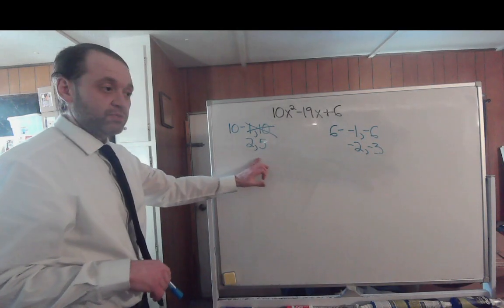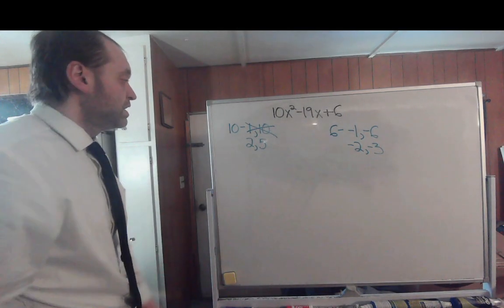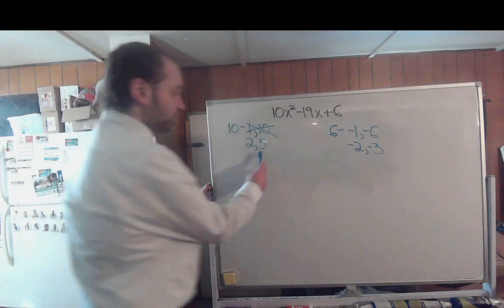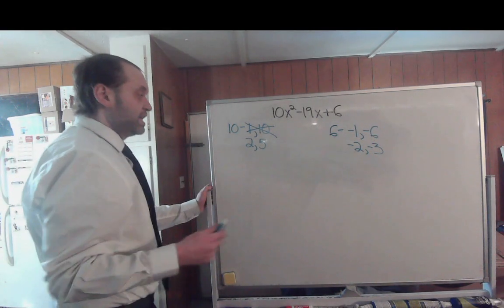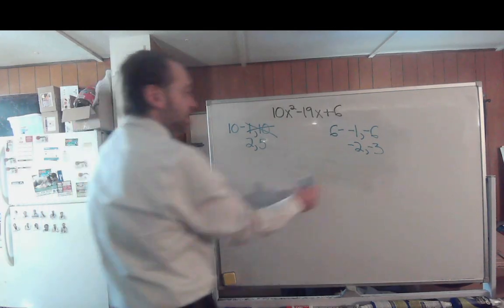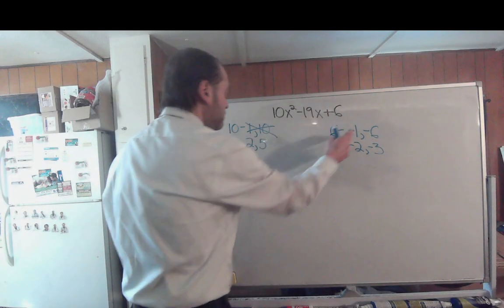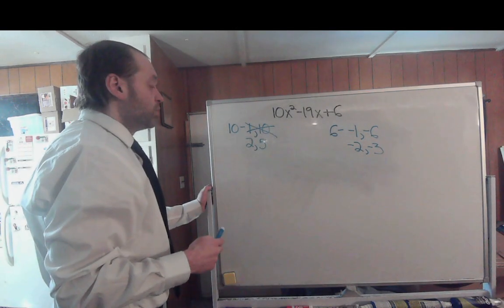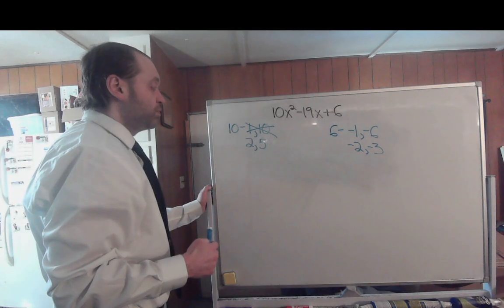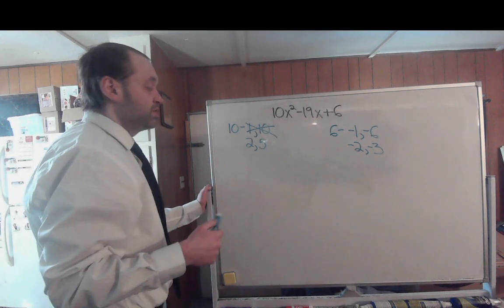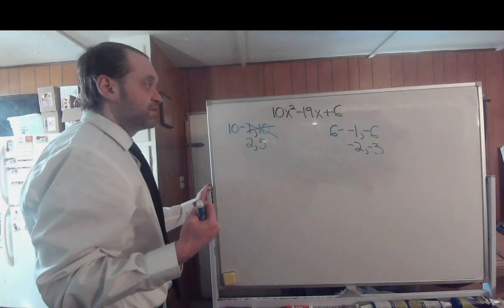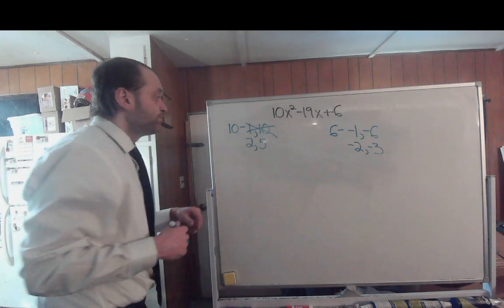Our last hope is with 2 and 5. So let's deal with 2 and 5 and -1 and -6. If I take 5 times -6, I'll get -30, plus 2 times -1. Well, 2 times -1 is -2, so -30 minus 2 is -32. That doesn't work.